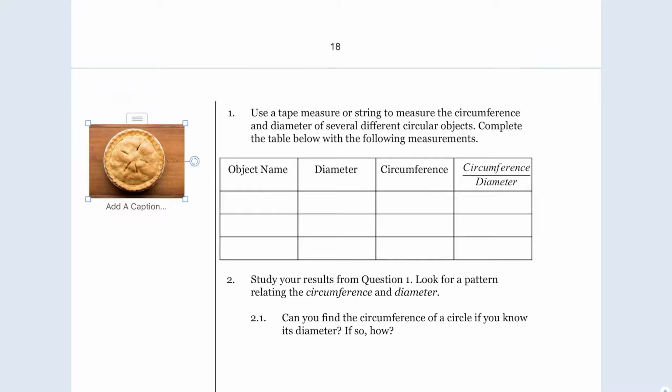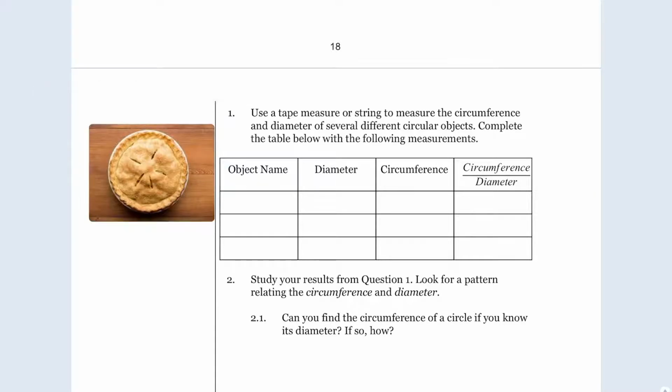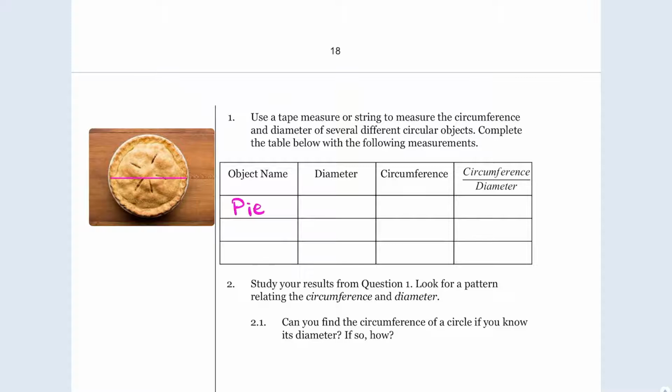We're going to take a look at this pi, as in P-I-E. And in our table here, we're going to write pi. This table is going to help us figure out that relationship between the circumference and the diameter. Let's say this pi has a diameter of 5 inches.